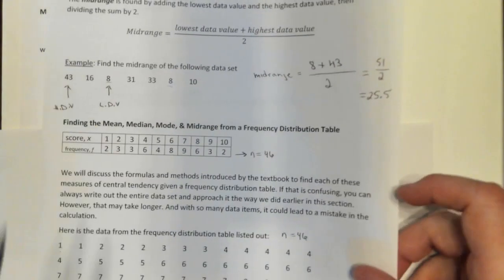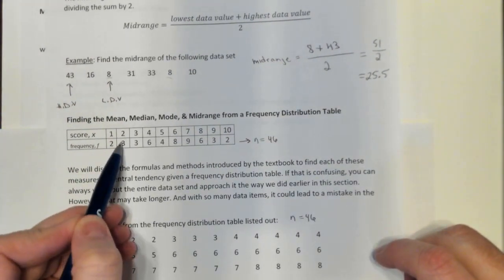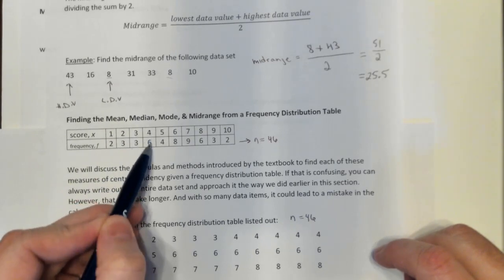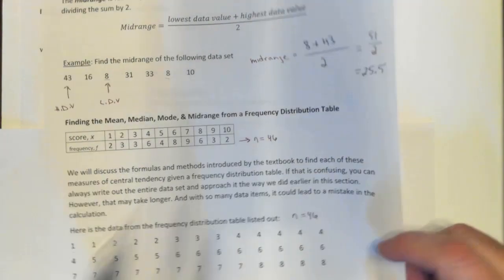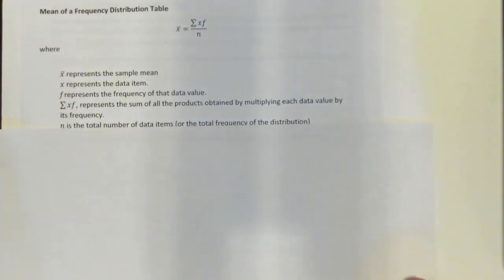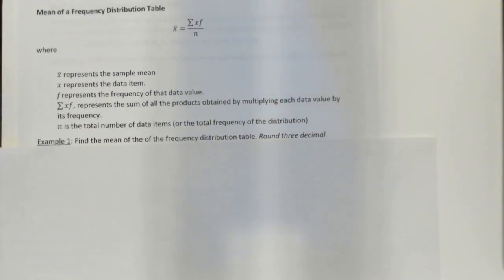So I'm going to do this times this, plus this times this, plus this times this, plus this times this, etc. And then divide that by n, which is 46. That's all there is to it, but that's the formula the book introduces. So that's the formula I'll give you. Everything else is the same.